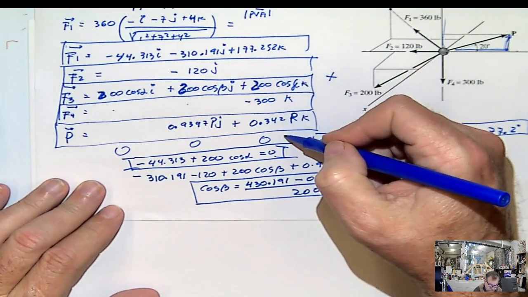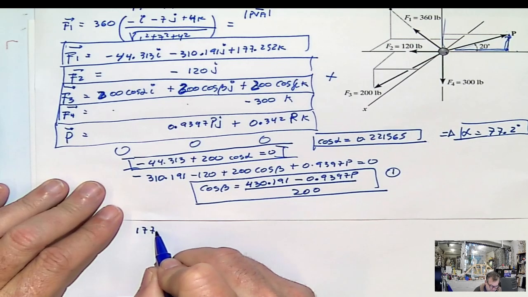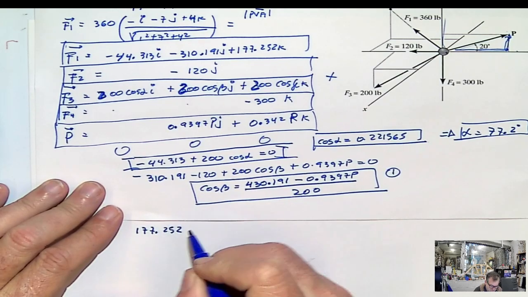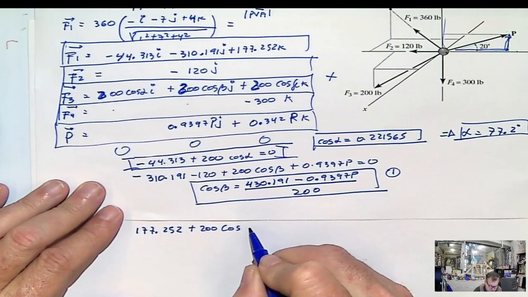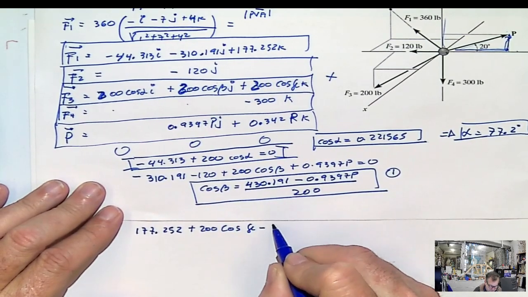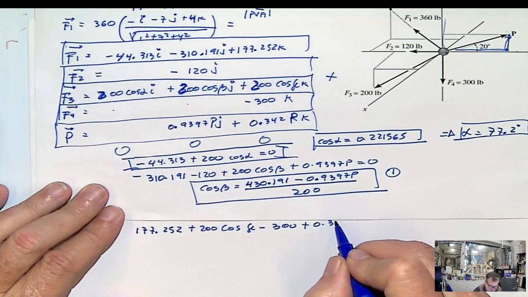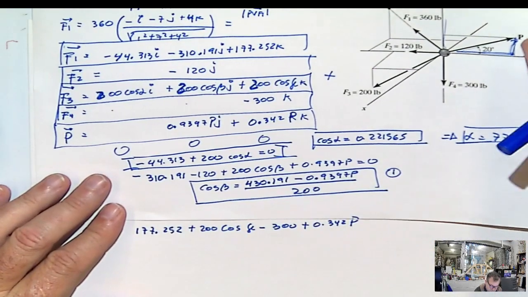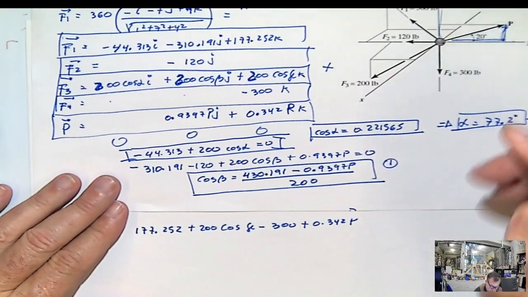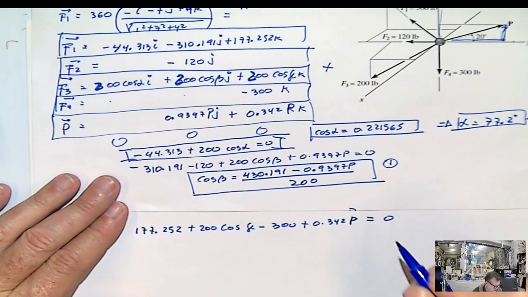If I add this column, you will get 177.252 plus 200 cosine gamma minus 300 plus 0.342P equal 0.